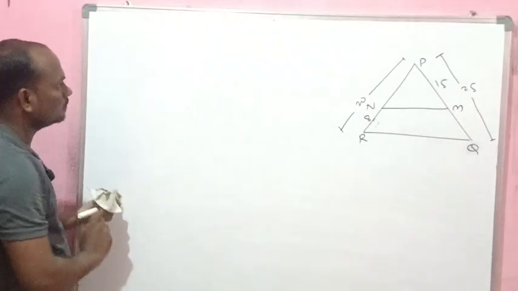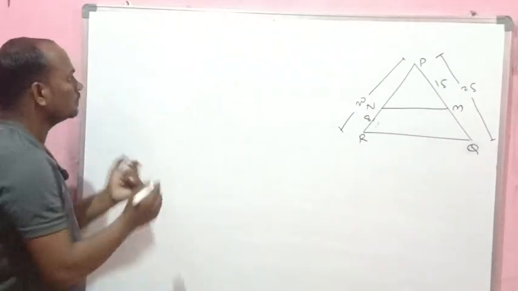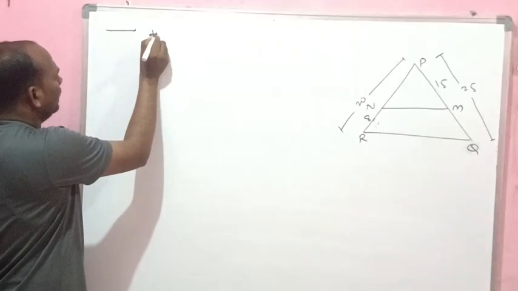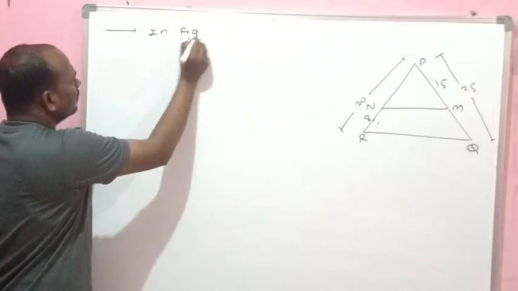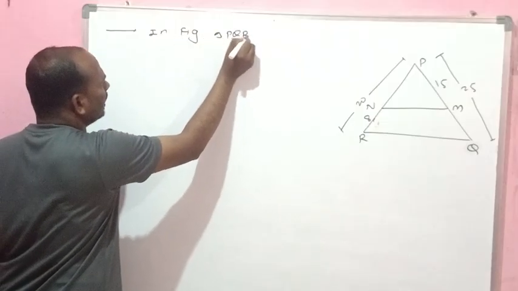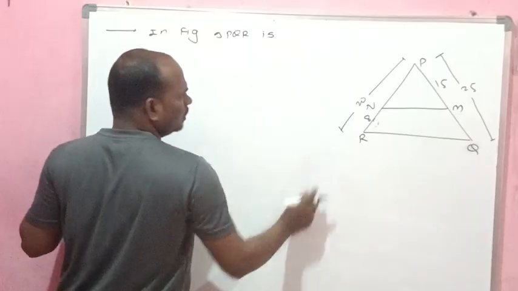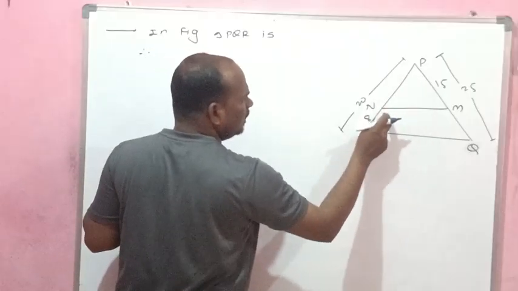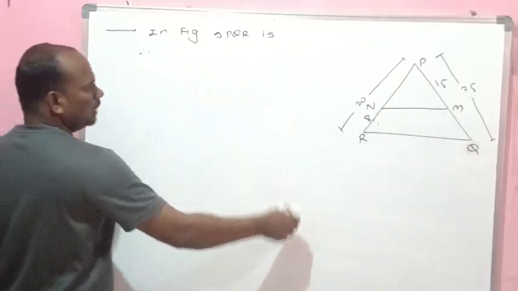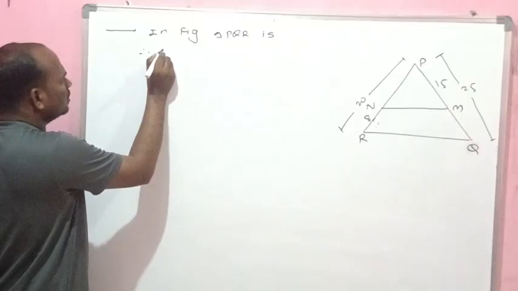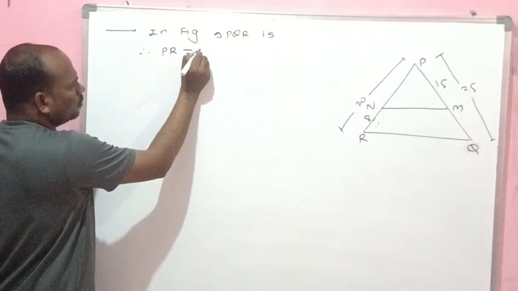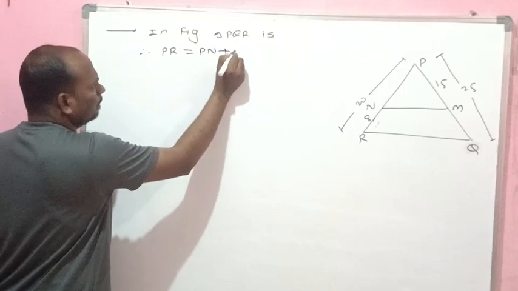Now, therefore, in figure, triangle PQR is, therefore, we can calculate the value of PN and value of MQ. Now, the value of PR is, now PR equal to PN plus NR.